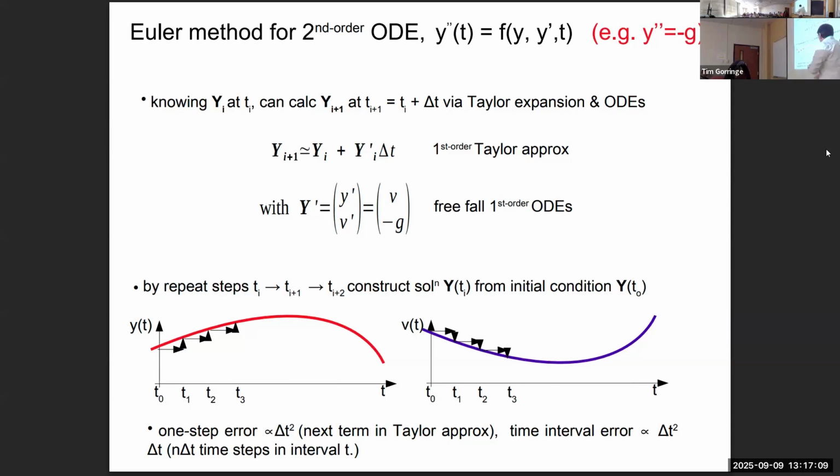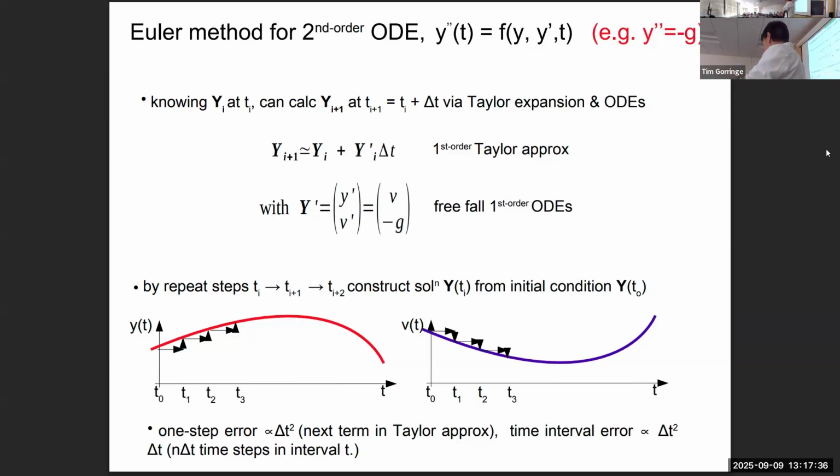So again, just step through time, looping through these two lines, evolving the position at each time. Same comment about the errors. The beauty of this is that we're using a Taylor expansion, so we know how to assess the uncertainties, the errors that we make when we're doing these numerical calculations. The error for an individual step goes as the square of the time interval.